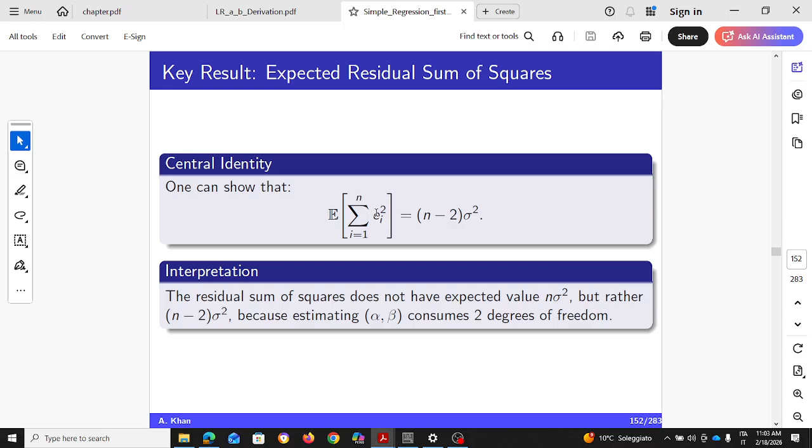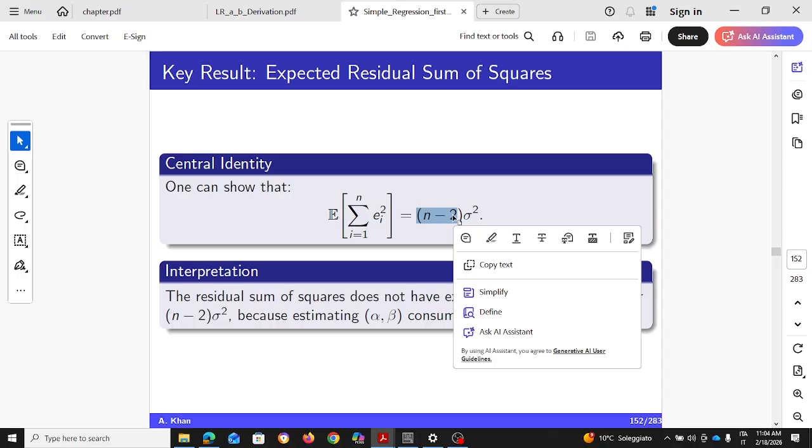We have to take into consideration the two biases for the slope and for the intercept. So it should take these 2 degrees of freedom. Before, when we were using just sigma square, we said this expectation is equal to n times sigma square, but because of these two, we now have 2 degrees of freedom, so it is equal to n minus 2 sigma square.